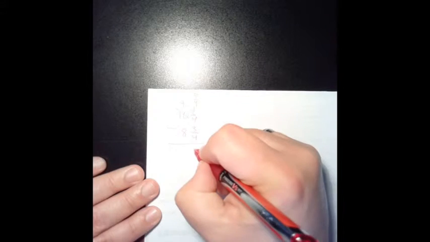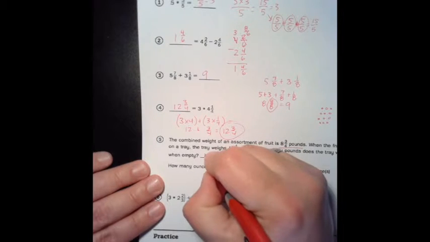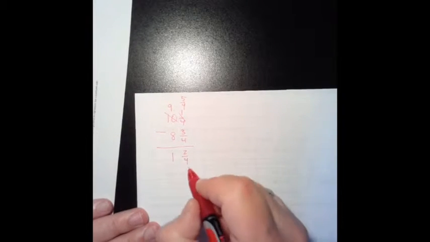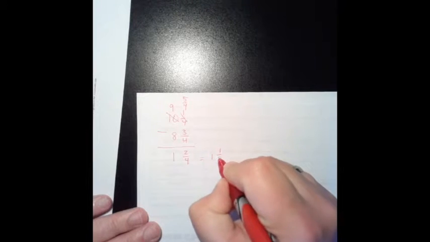So now we can take away 3/4 from our 5/4, which is 2/4. And 9 take away 8 is 1. So that's 1 and 2/4. So that's how much the tray weighs empty. Or we know that 2/4 is the same as a half. So we could say 1 and 1/2.